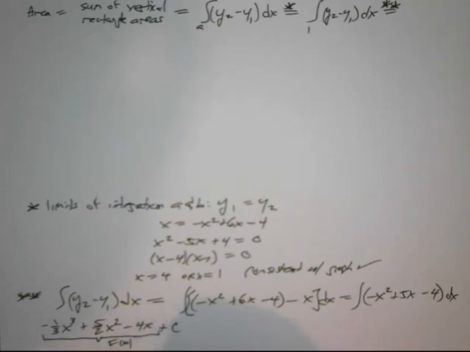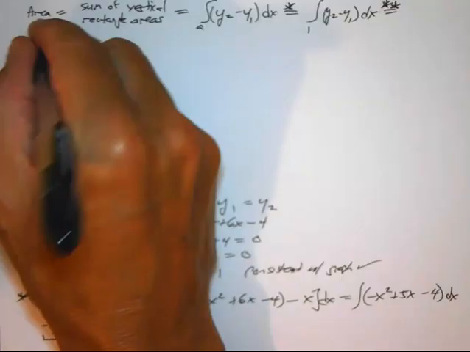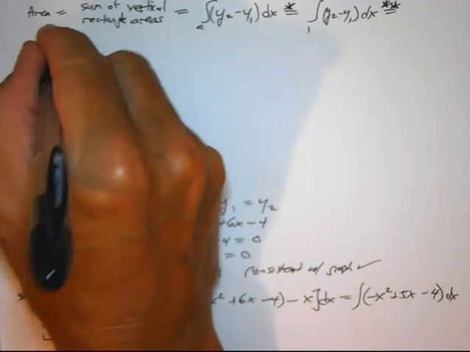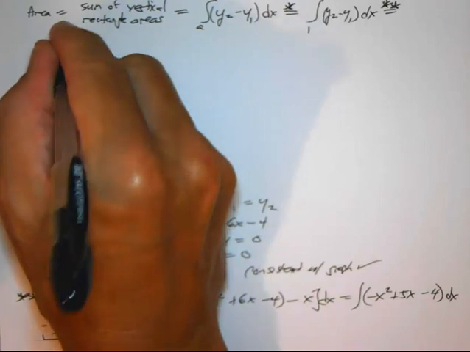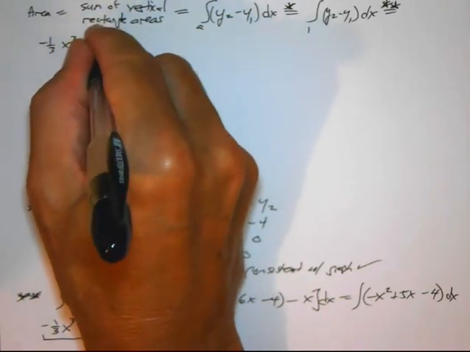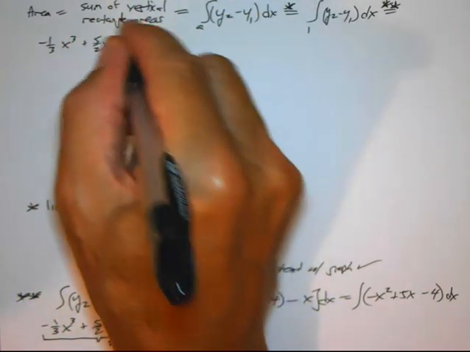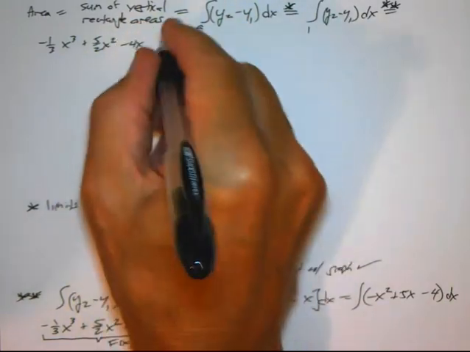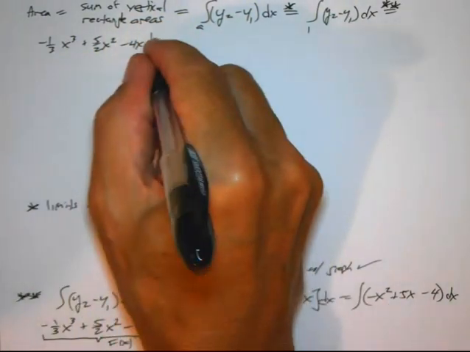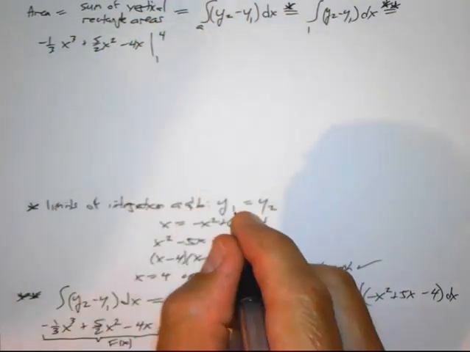So this will be our cap F of x that we use in the processing of this definite integral up here. So now we have this result, negative 1/3 x cubed plus 5 halves x squared minus 4x, evaluated between 1 and 4.